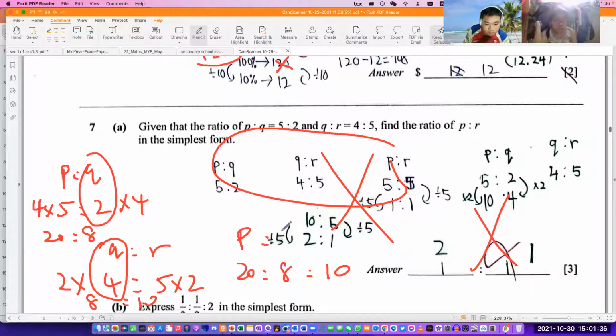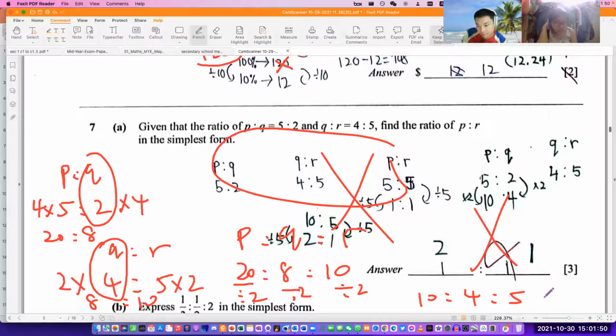This is P, Q, and R. And then you just divide by 2, divide by 2, divide by 2, and you end up with 10, 4 to 5. Does it make sense?